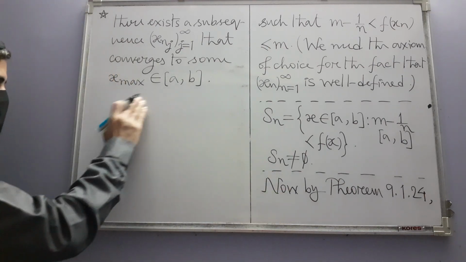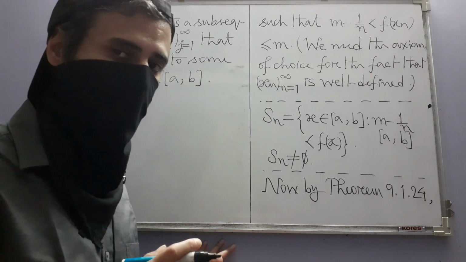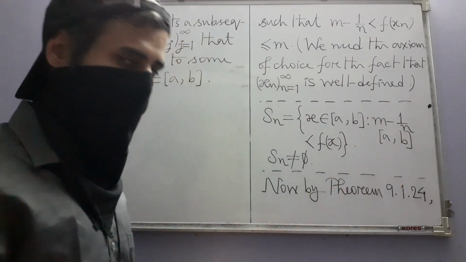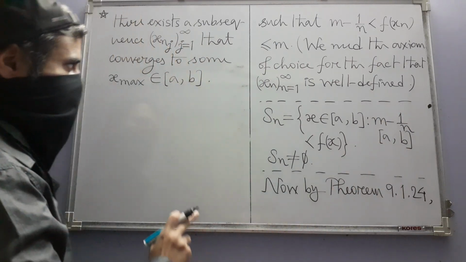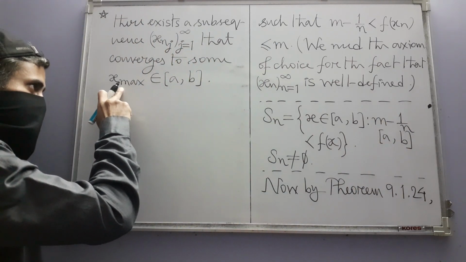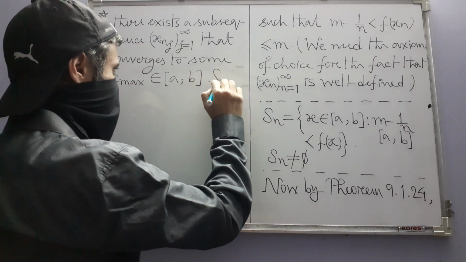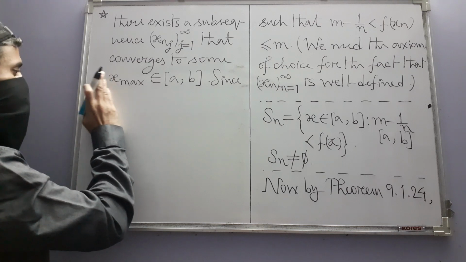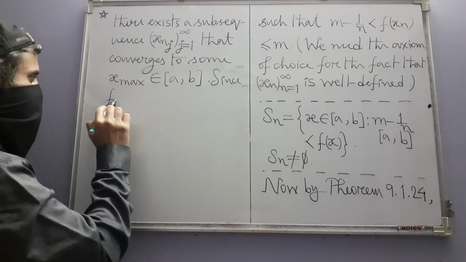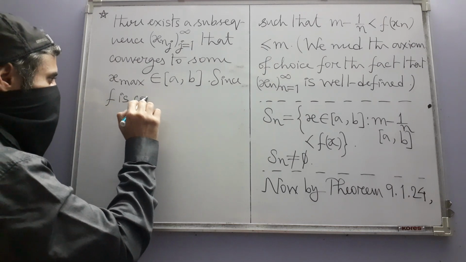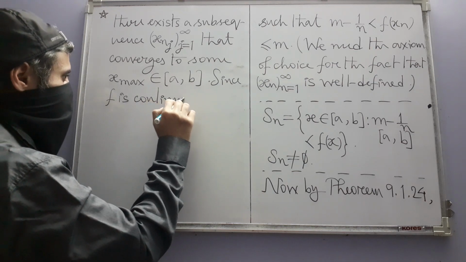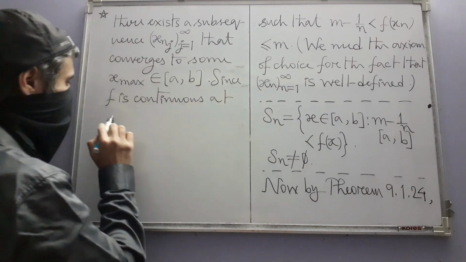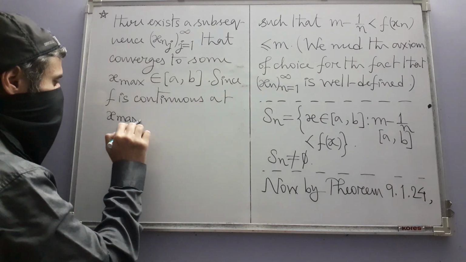Now is the time that we are going to use the fact that f is continuous on its domain everywhere. So in particular, f will be continuous at this point also, since f is continuous at x max.